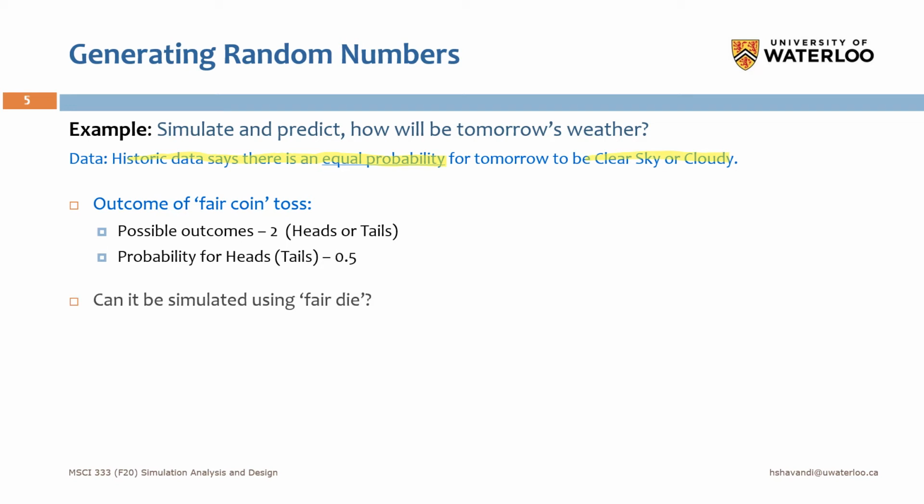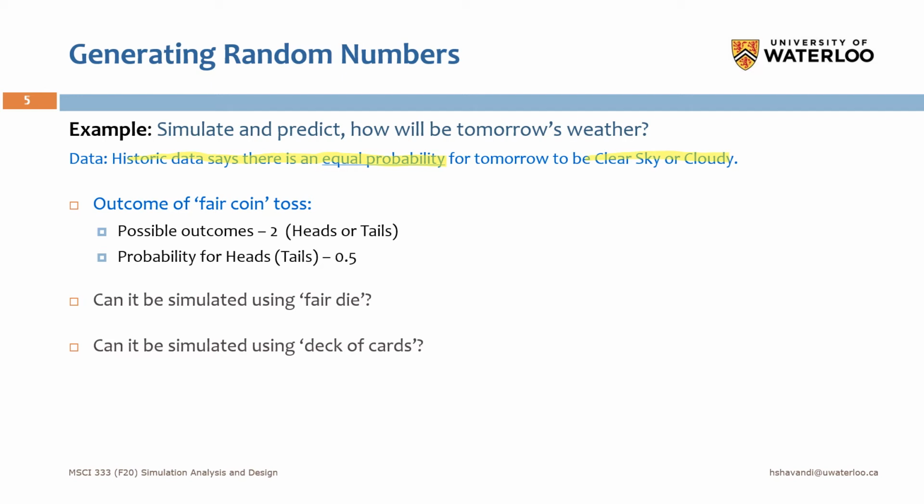Another way is using a fair die. We know that a fair die has 6 outcomes, 1, 2, 3, 4, 5, and 6. Maybe we can categorize the numbers into odd and even. 1, 3, 5 could be for clear sky, and 2, 4, 6 could be for cloudy.